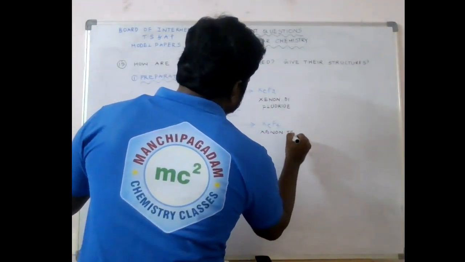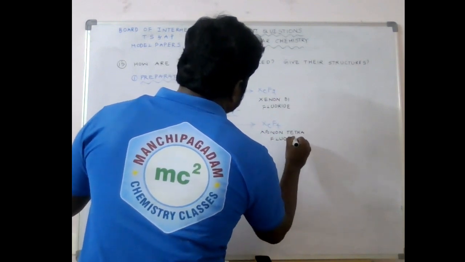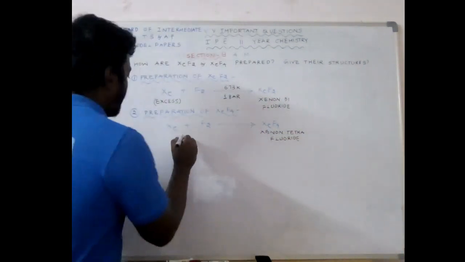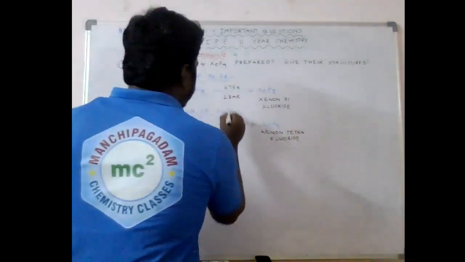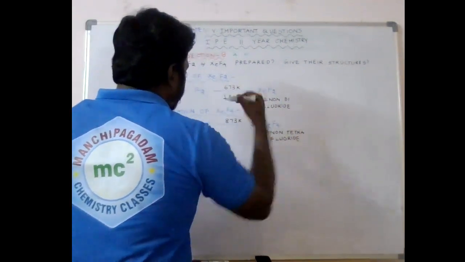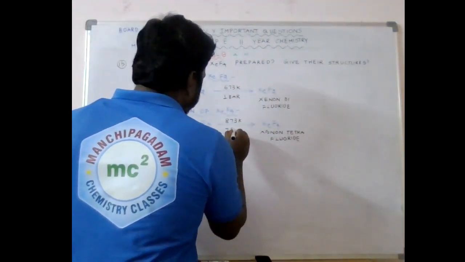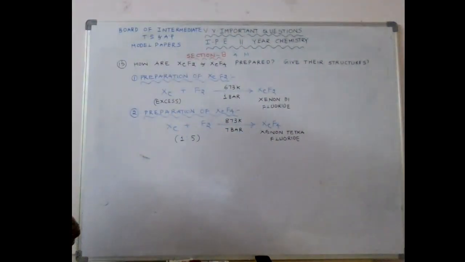Here the difference is that we have to take them in the ratio of 1:5. And the temperature and pressure also change: here 873 Kelvin temperature, and the pressure is 7 bar. Then we get xenon tetrafluoride.